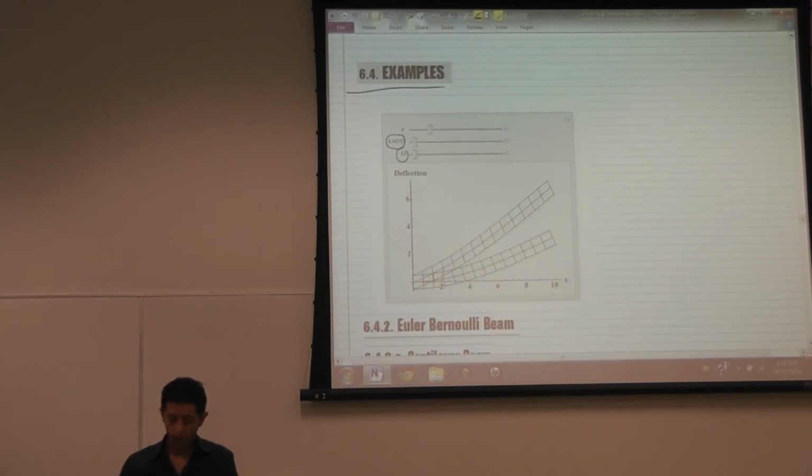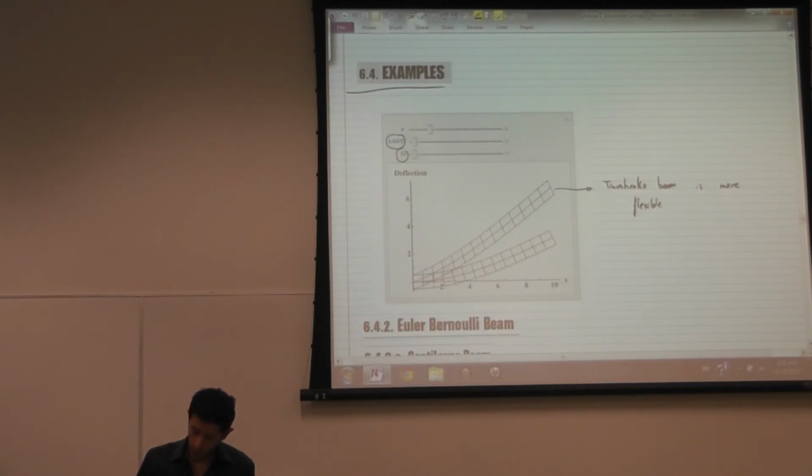And the second beam is more flexible. And that's why it's sometimes called the shear flexible beam.